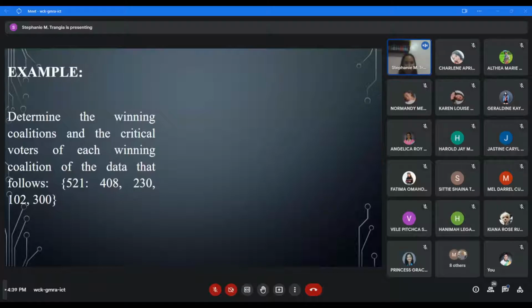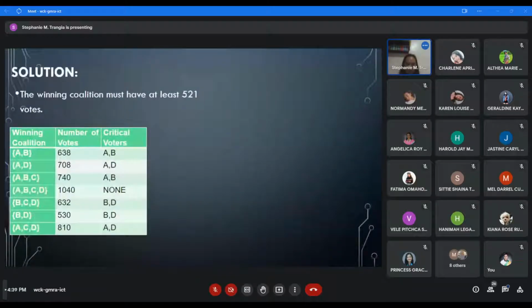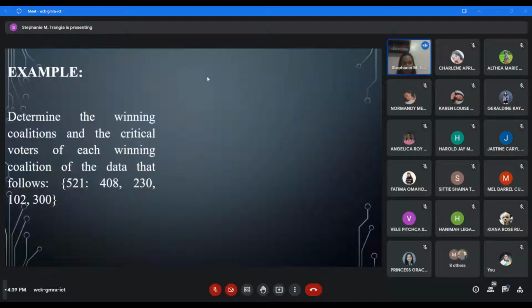Another example is A, B, and C. Only A and B are critical voters. Why? If A leaves the system, 230 plus 102 is 332, so it does not meet the quota. If B leaves the system, 408 plus 102 is 510, so it still does not reach the quota.